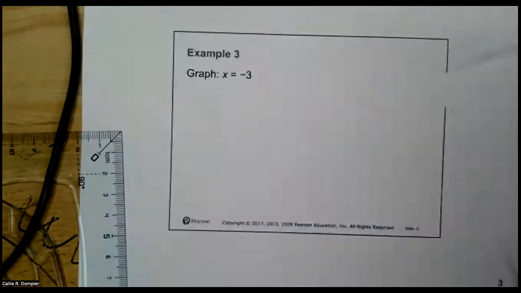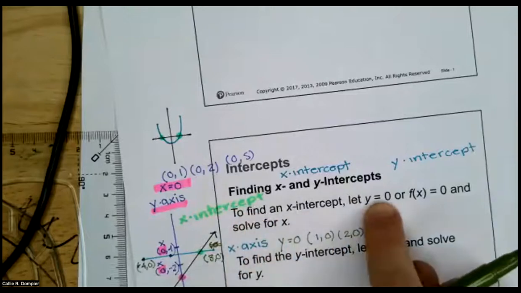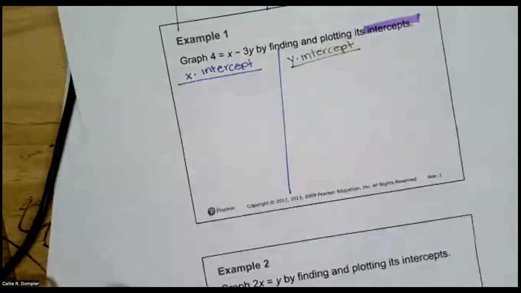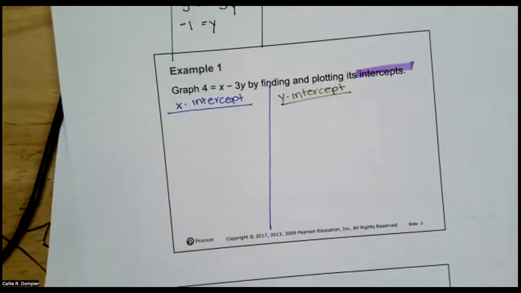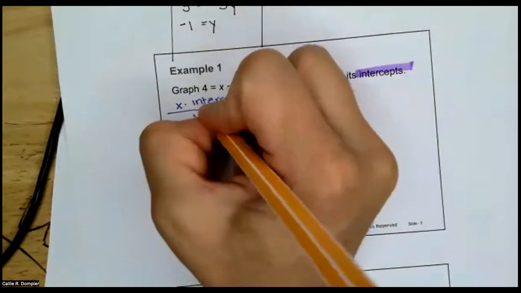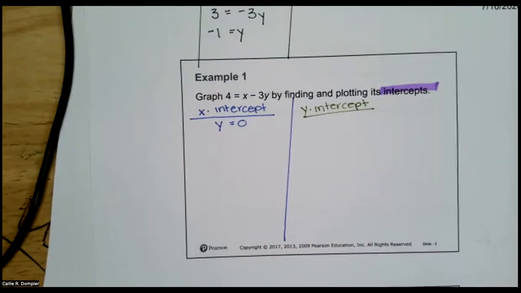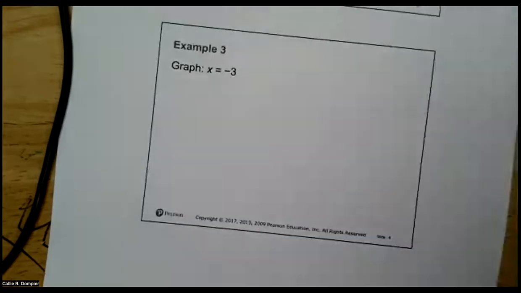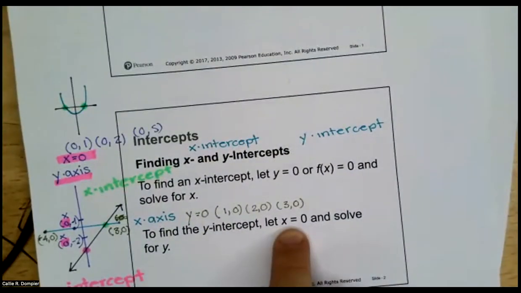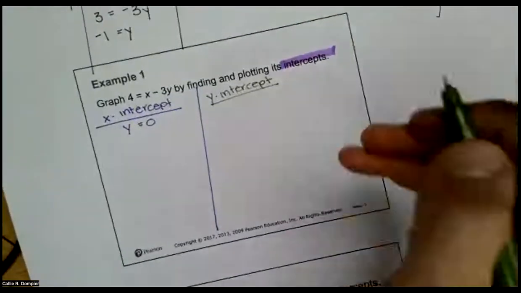To find an x-intercept, y equals 0, okay? For my x-intercept, y is 0. For my y-intercept, what is going to be equal to 0? X is equal to 0, okay?